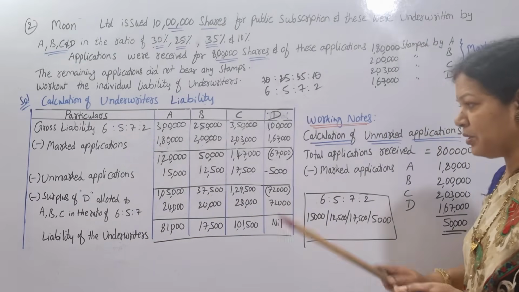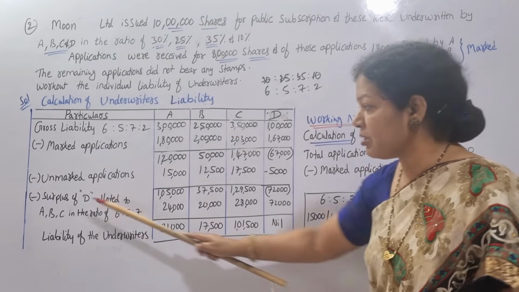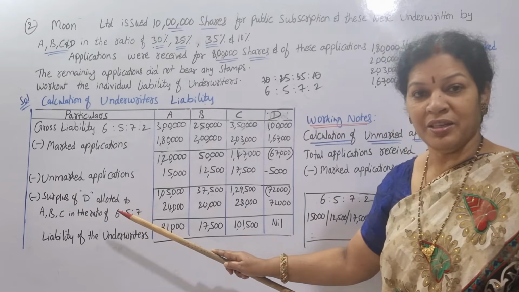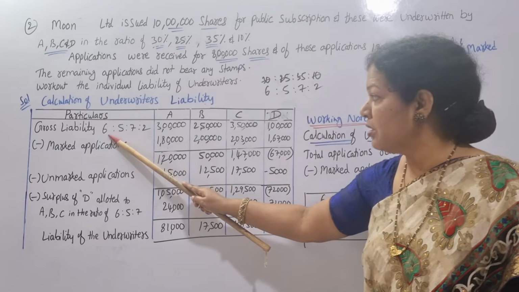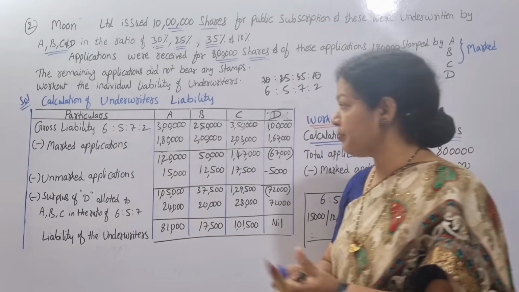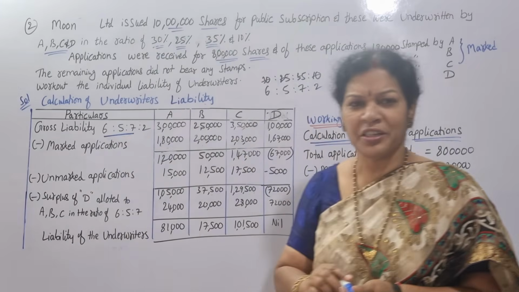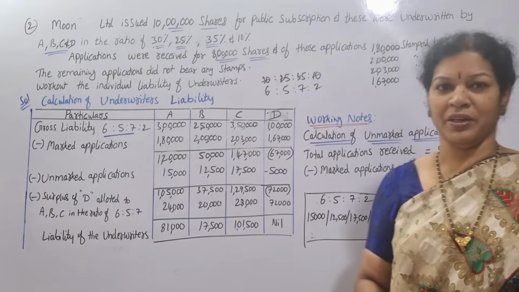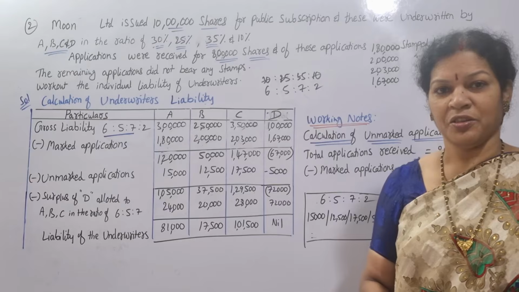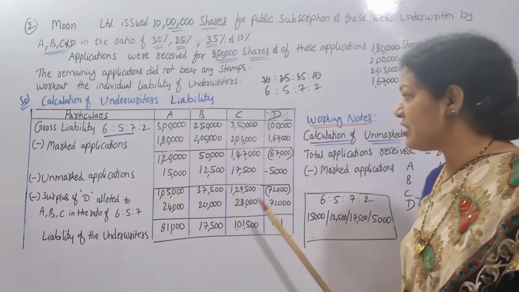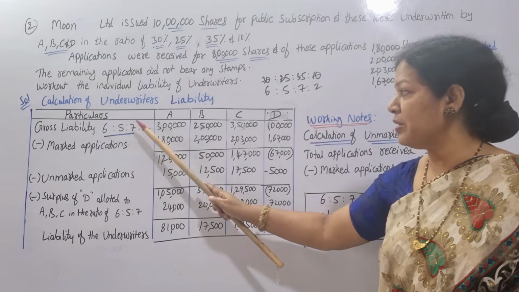This amount 72,000 we are distributing in the ratio 6 is to 5 is to 7. The ABC ratio we are taking, not D. D's amount we are distributing.